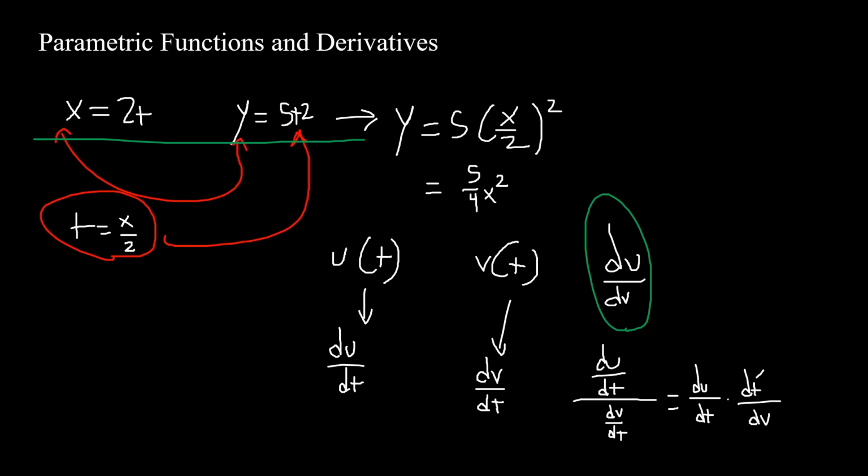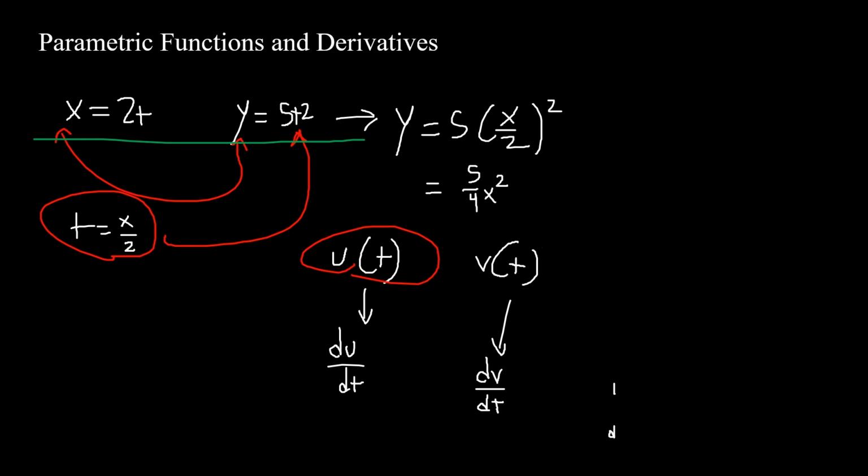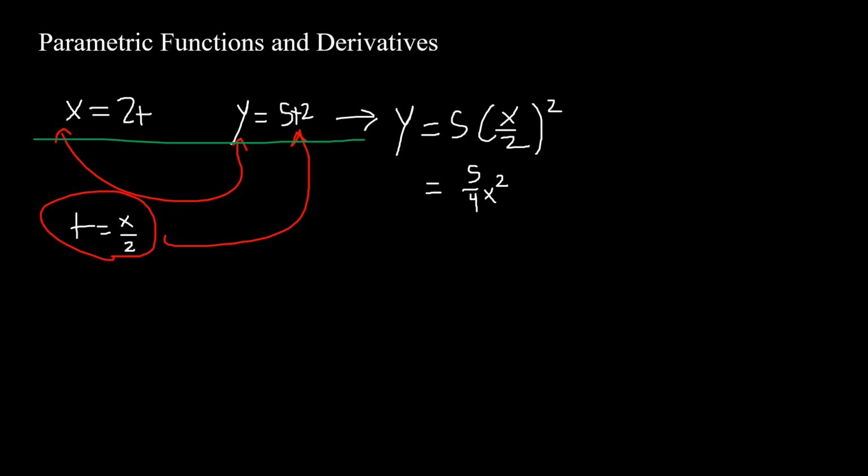Now the dt's can cancel out, and we get du over dv. So we've shown that generally speaking, if we're given two functions, this is how we can find the derivative du over dv.